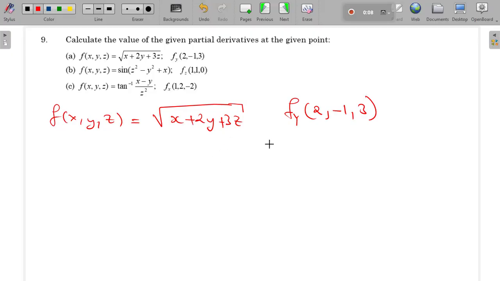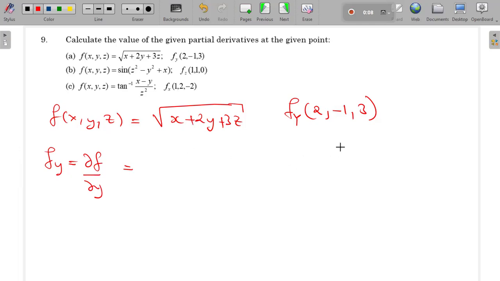First of all, because I'm getting the partial with respect to y, I have to find this partial, which can be written in this form. And this is just me differentiating y, but treating all other variables in the function as constants.